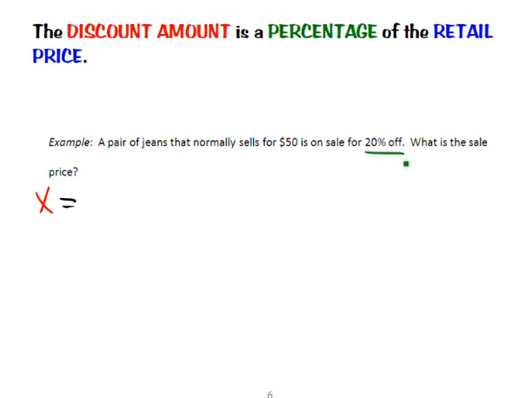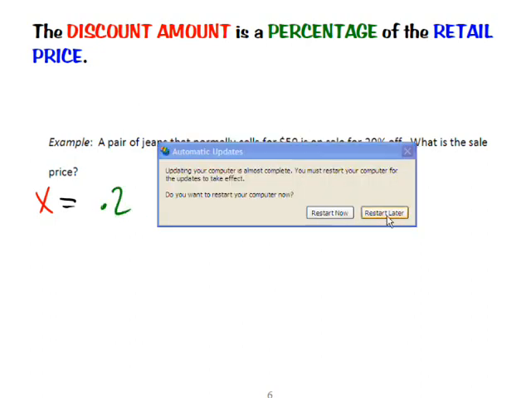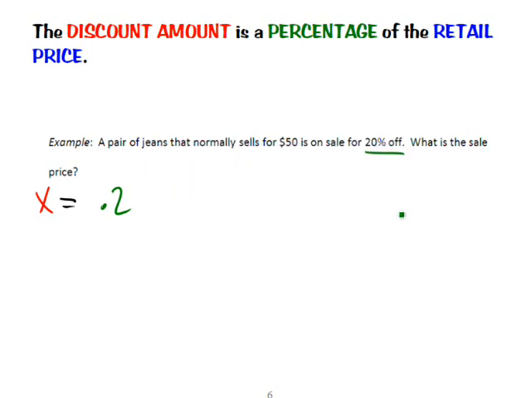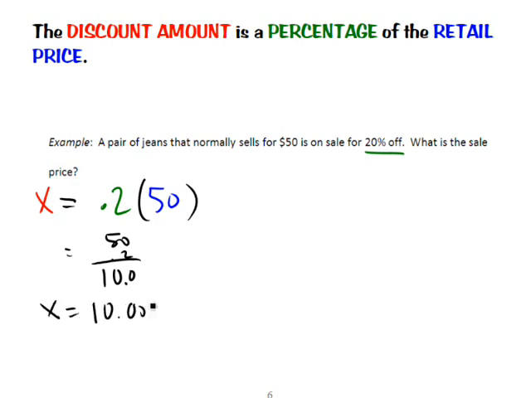In this problem, 20 is our percentage. We need to write it as a decimal or fraction, like 0.2, times, we'll use parentheses this time, the retail price, which is $50. And now I just need to do 0.2 times 50, and find that X equals 10, or $10.